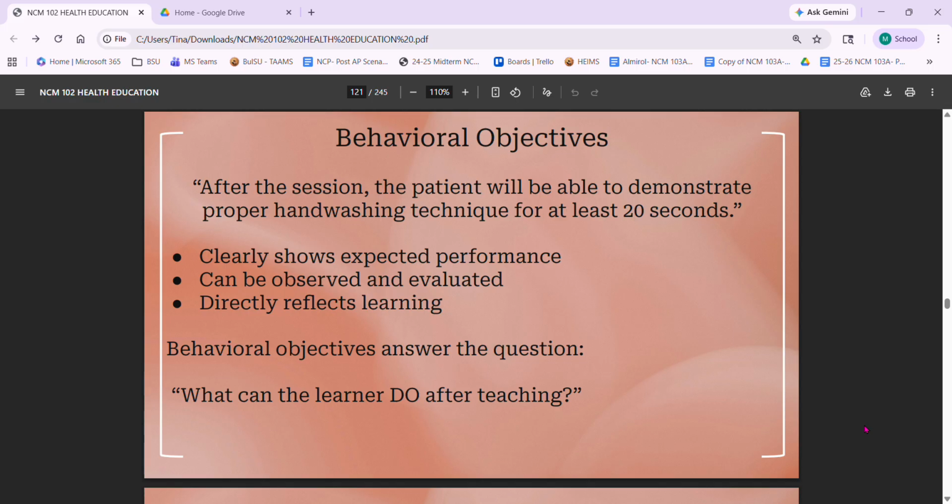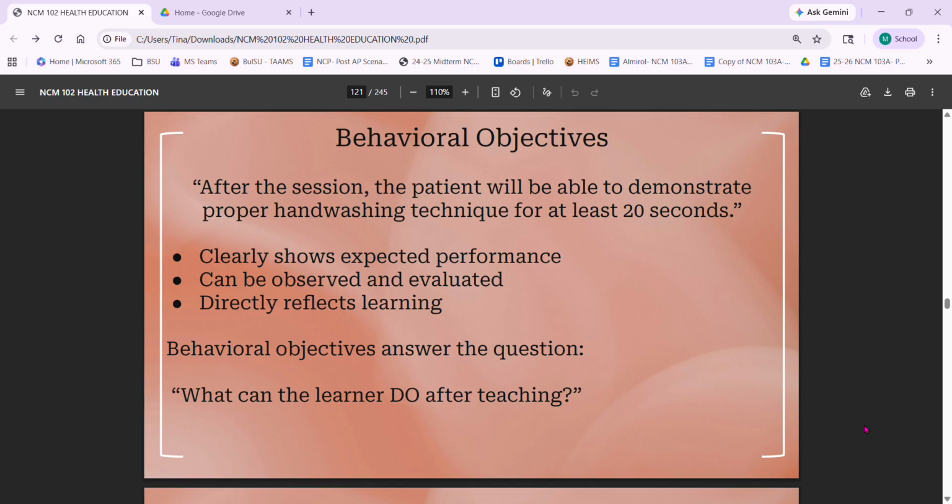Kung gusto mo maging behavioral yung objective, okay, ang sasabihin mo is what? The patient will list 3 ways to manage diabetes at home. So, behavioral, measurable. Kung meron kang number, okay, kailangan makapag-list siya ng 3 ways to manage diabetes. Okay? So, tandaan nyo yung distinction nila.